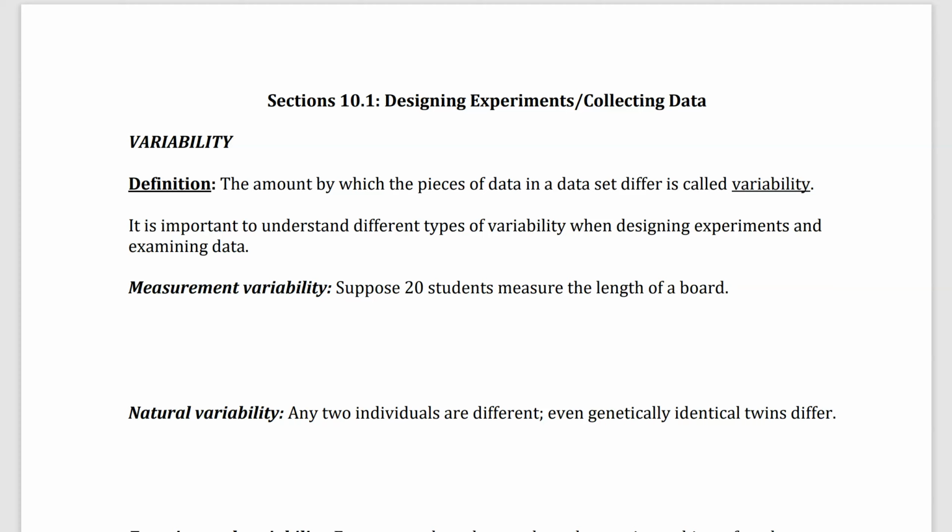experiments, collecting data, and let's start with variability. When we talk about variability, we're talking about the amount by which the pieces of data in a set differ, how much they vary, how different they are.